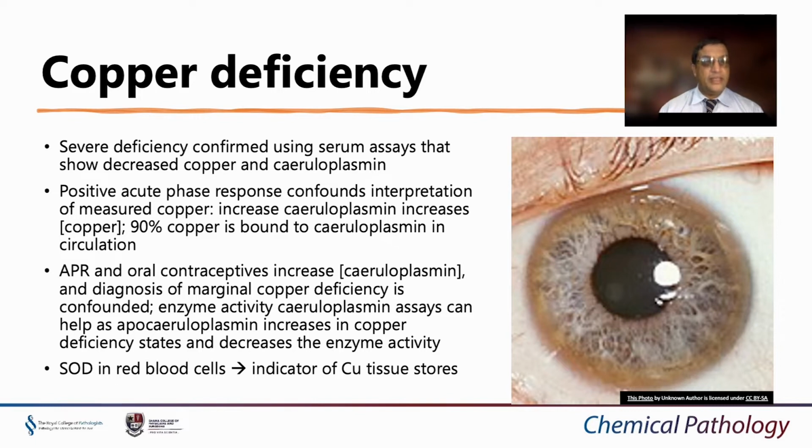Ceruloplasmin increases, thus increasing the total concentration of copper, as 90% of copper in circulation is bound to this binding protein. Acute phase reactants and oral contraceptives can increase ceruloplasmin, and the diagnosis of marginal deficiency can be missed.